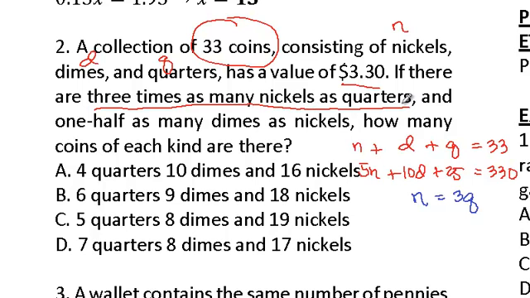Which is more in numbers, nickel or quarter? There are three times as many nickels. It must be n, 3n equals q. Wait, let me pause. Okay, now anyway, this one gets me puzzled.